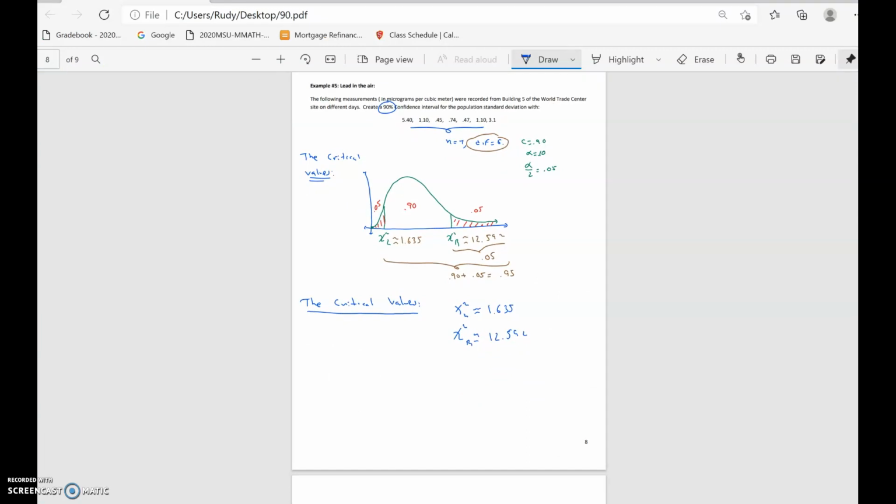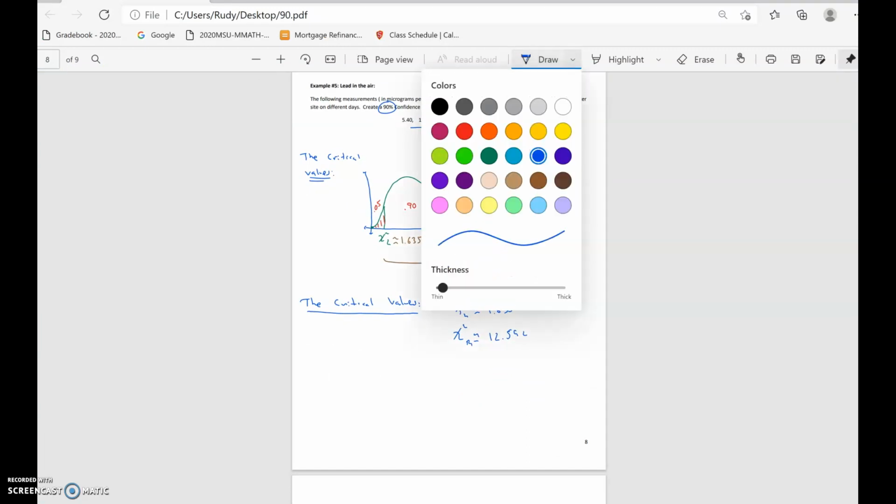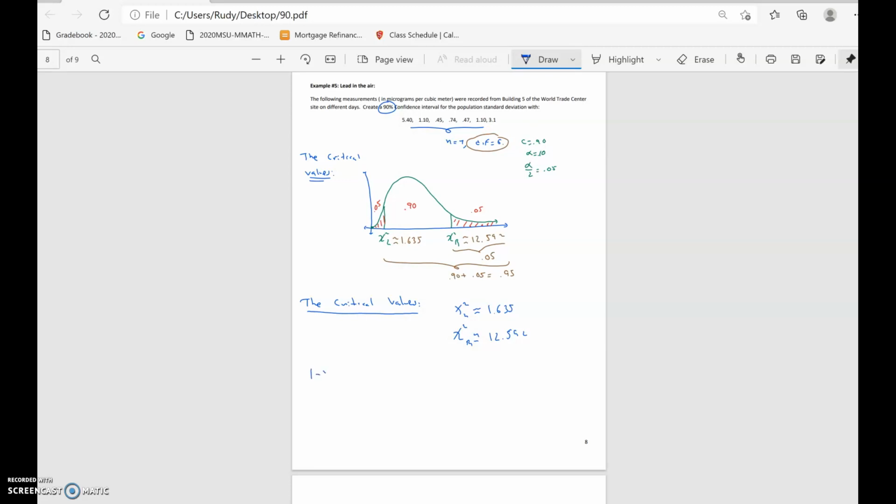So the next step is, well, we don't actually have the summary, so please evaluate a one variable stats. And then please double check that, well, we technically only need the values of n equal to 7 and the standard deviation, which is equal to the square root of the sum of (x minus the mean) squared, divided by n minus 1.